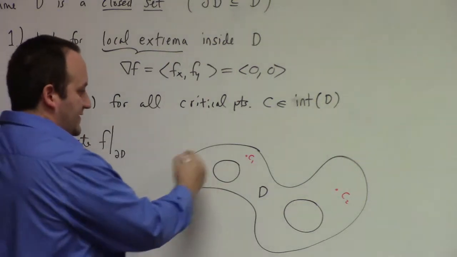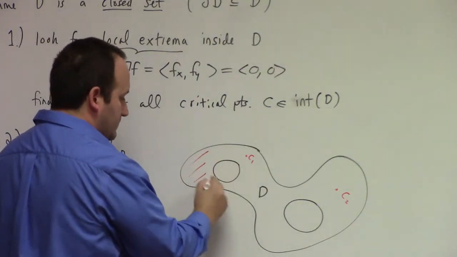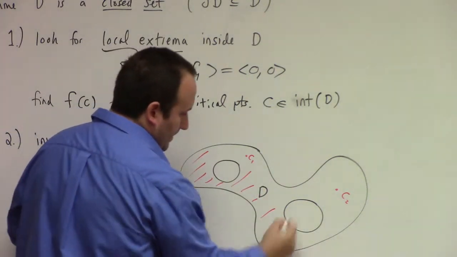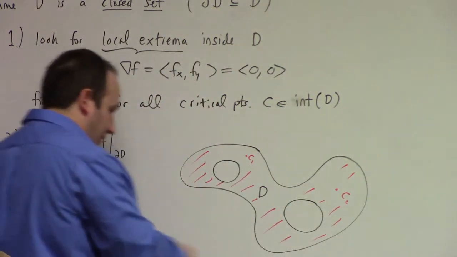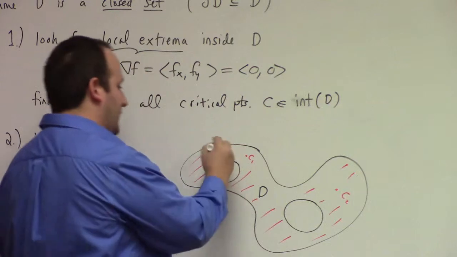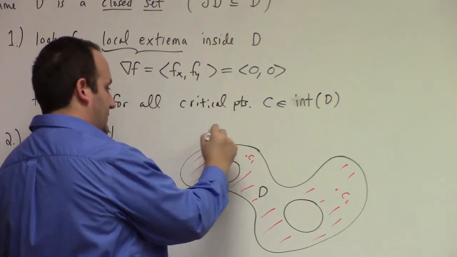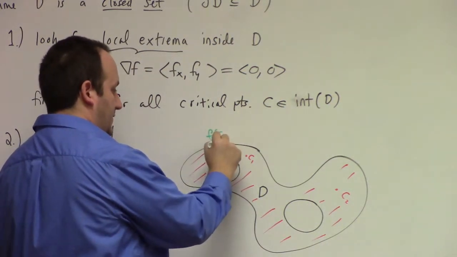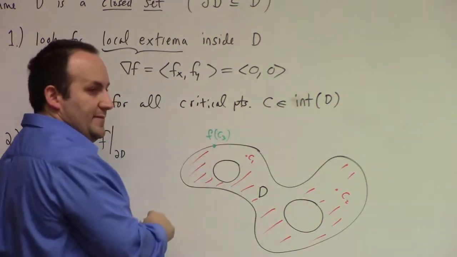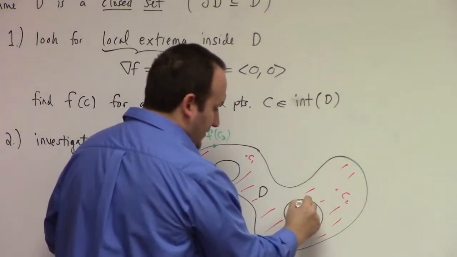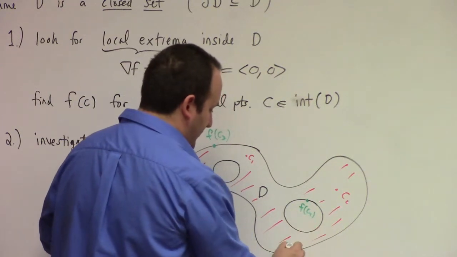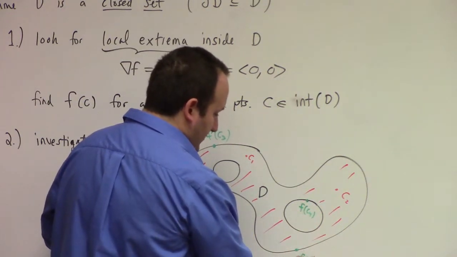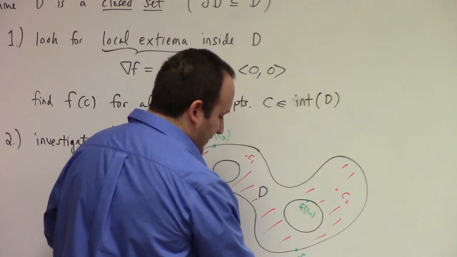And then as you investigate the function on the boundary, maybe you find that this point right here is the minimum on the boundary, and maybe this is the minimum or maximum on that boundary, etc. You'd find some special points on the boundary where you get minimum or maximum. Now, how would you find the special points on the boundary?